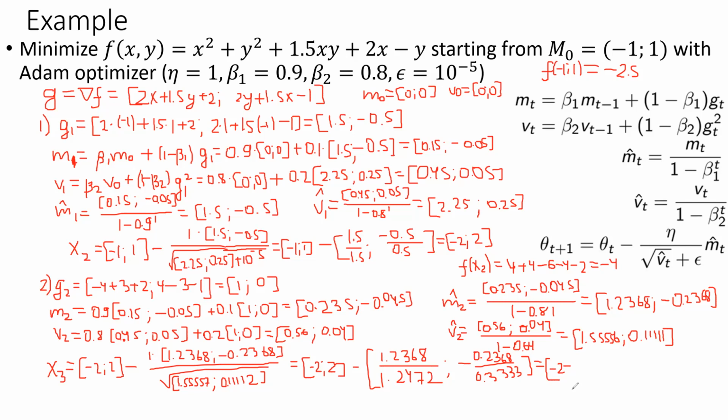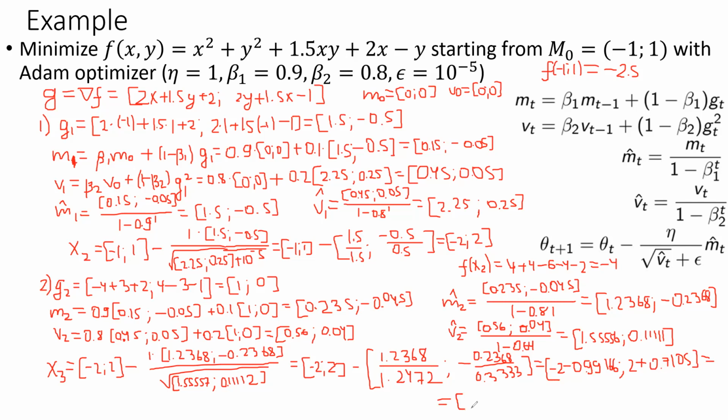Now let's calculate this expression. It will give us 0.99166, and here I have 2 minus 2 minus will be plus, so I will divide 0.2368 by 0.3333, and I will get 0.7105.